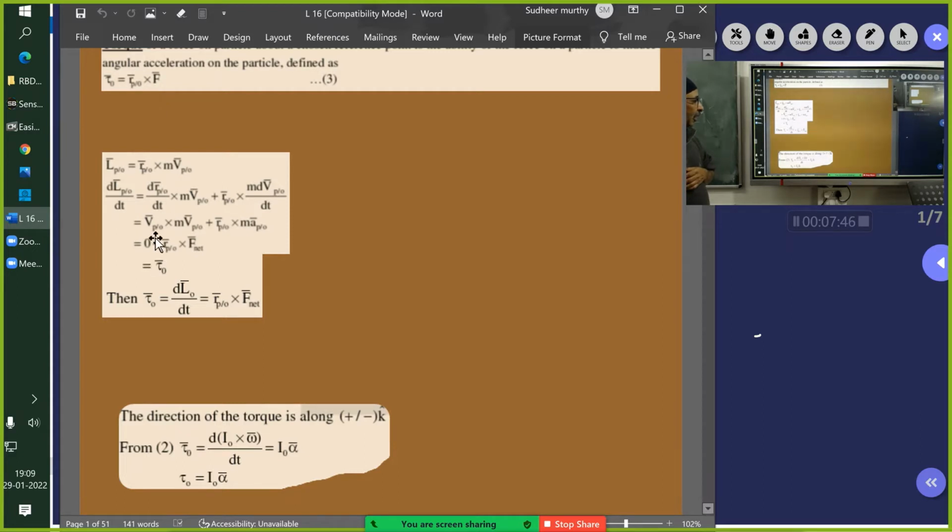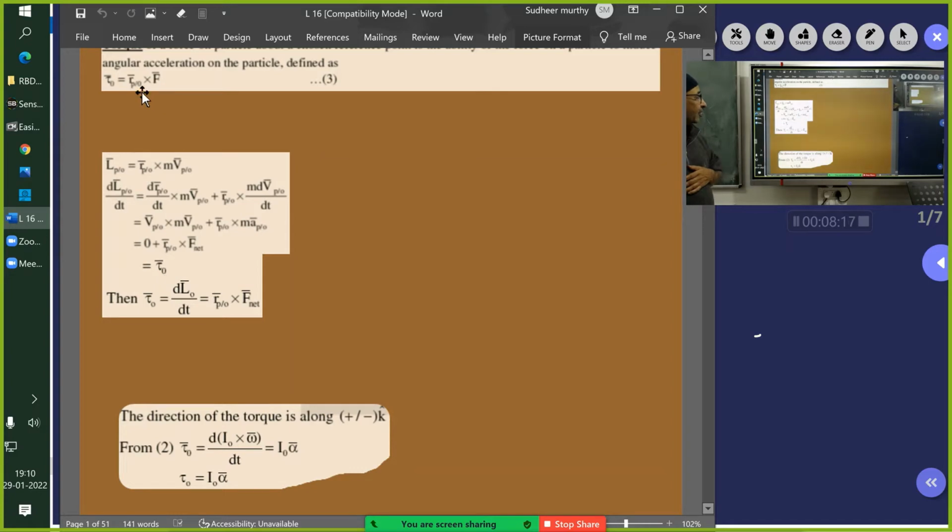Now you can see here v bar PO, m is a scalar quantity, it can be pulled out. A bar cross A bar, if you take, its cross product is 0 because the angle made by the two vectors is 0 or 180, they are collinear. So this term goes off, and by Newton's second law, m a bar is nothing but the net force. So therefore we get the term tau bar.